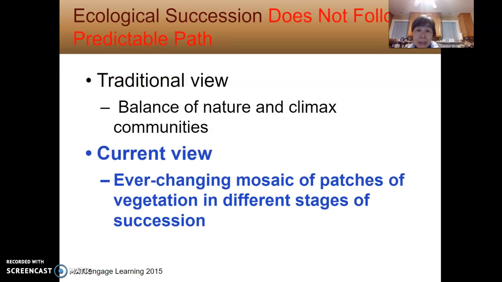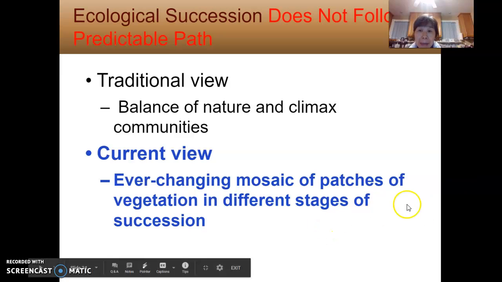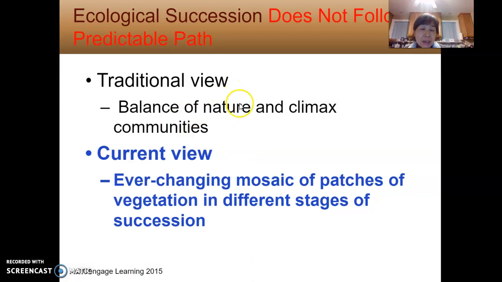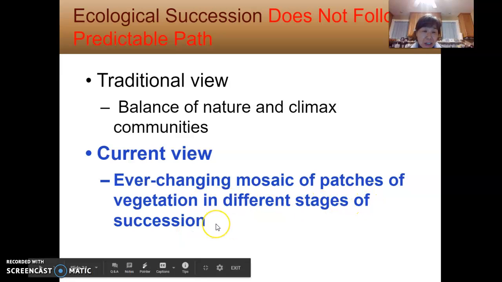A long time ago, the traditional view about ecological succession was that we were able to predict where it was going, and that to a certain degree it would balance with nature and then no longer change. However, the current, updated view is that the ecosystem is an ever-changing mosaic of patches of vegetation in different stages of succession.